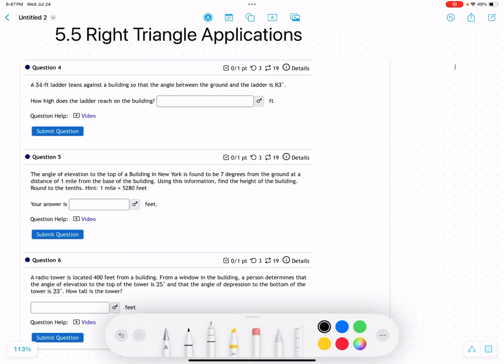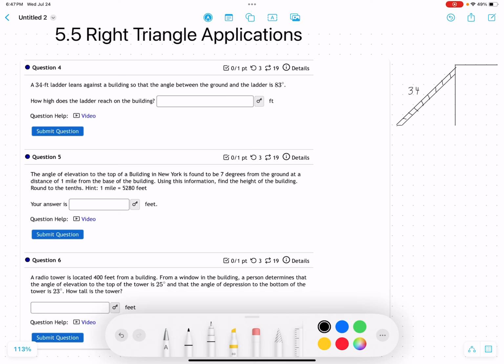So let's see. Here's our building right there, and the ladder leans against the building. Might as well make it look a little bit like a ladder, right? There it is. And what do we know about that ladder? It's 34 feet.